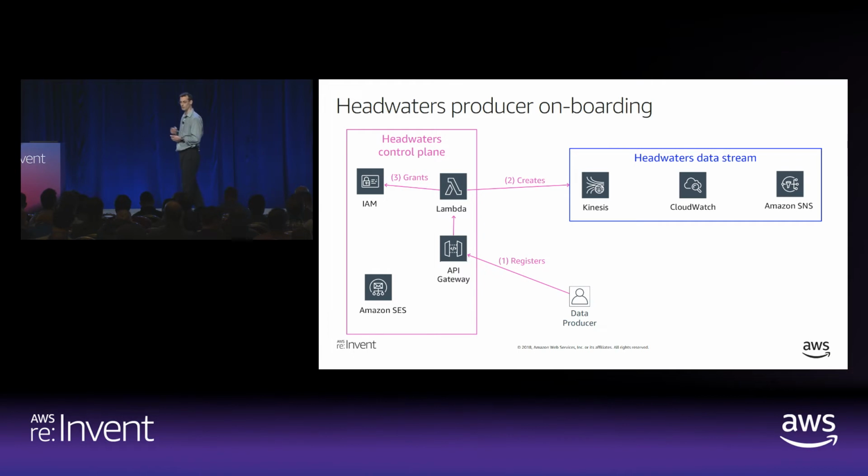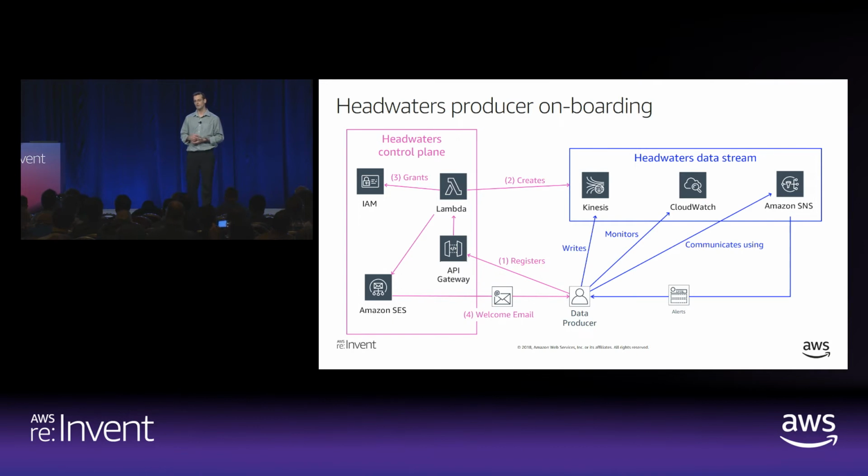Then it's going to use IAM to grant the appropriate permission to the user. And finally, we'll send a welcome email with further instructions on how to proceed. At this point, the data producer can write data to the Kinesis stream, can monitor the streams using CloudWatch metrics, and communicate with the other stakeholders.